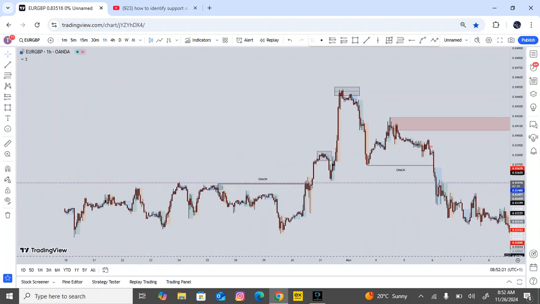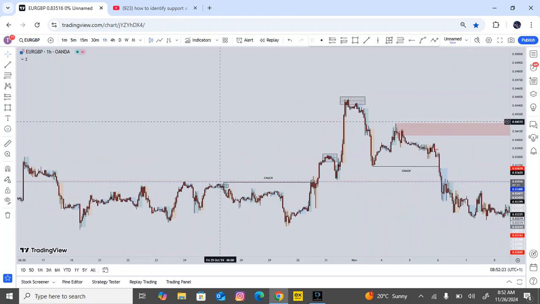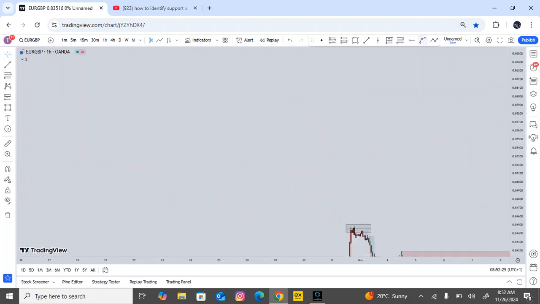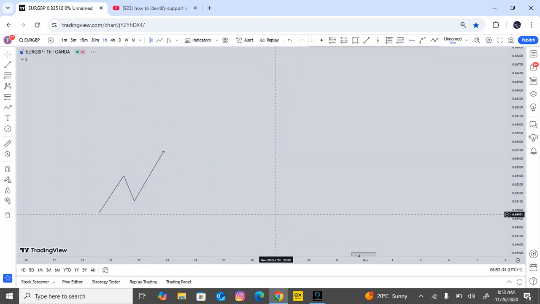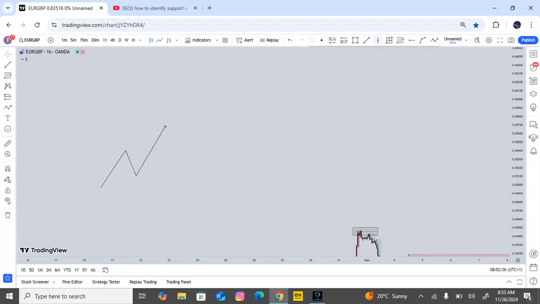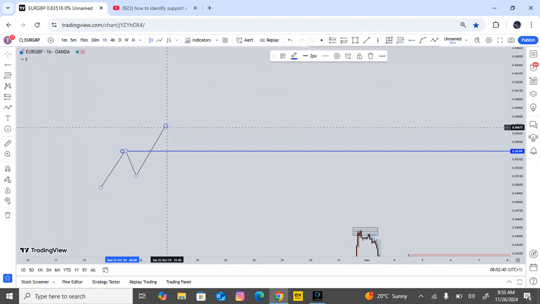All right, I'm just going to explain something real quick now. As you can see, price always does this, making higher highs. This is a high, this is a high, this is another high.